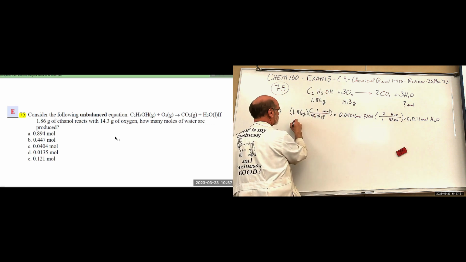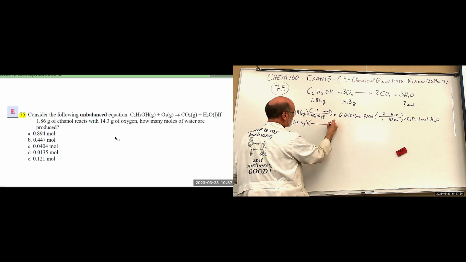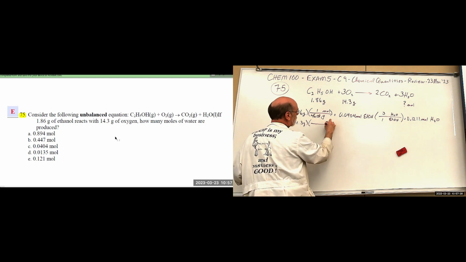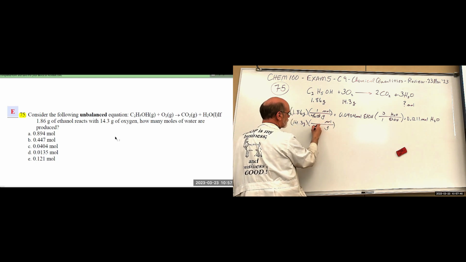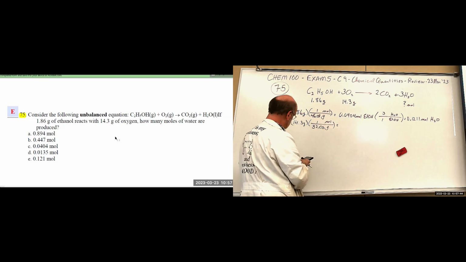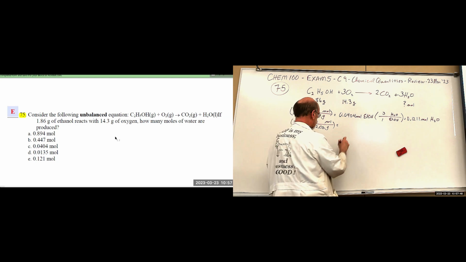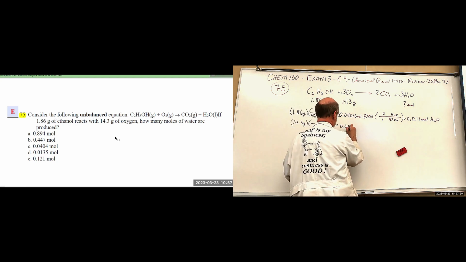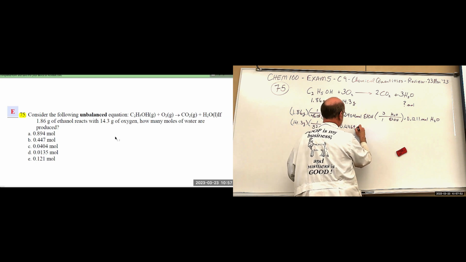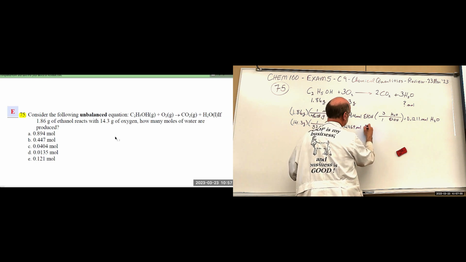How about oxygen? 14.3 grams of oxygen. Convert that. 2 16s are 32. So 14.3 divided by 32 is 0.4469 moles of oxygen.